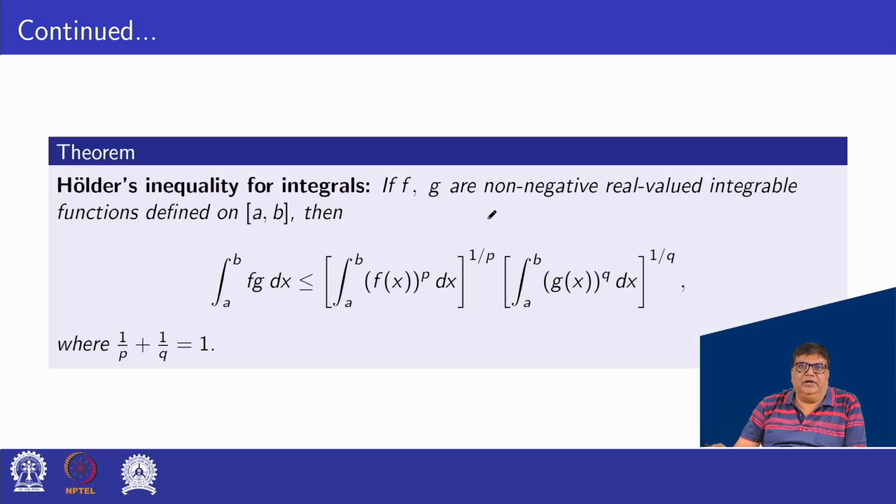If functions are non-negative real valued integrable functions defined in closed interval ab, then Holder's inequality satisfies the following inequality: integral a to b, f into g dx, here f and g are functions of x, less or equal to integral a to b pth power of fx dx, whole power 1 by p, into qth power of function gx integral over dx, whole power 1 by q, where 1 upon p plus 1 upon q is equal to 1.